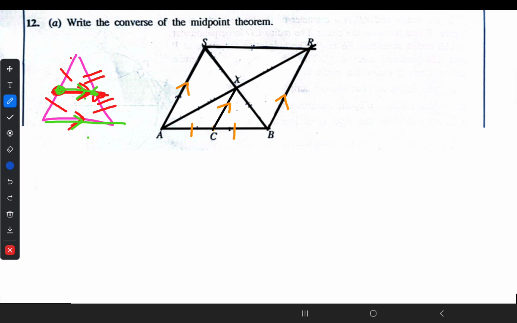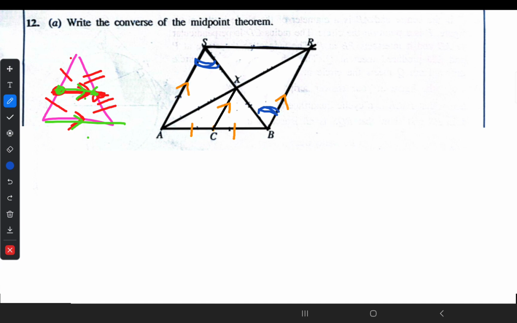Okay, before starting to derive the congruence, we need to determine what theorems we are going to use. Okay, we know that if these two lines are parallel, look at this quadrilateral. If these two lines are parallel, look at this angle and this angle.